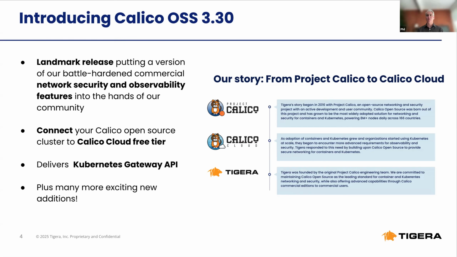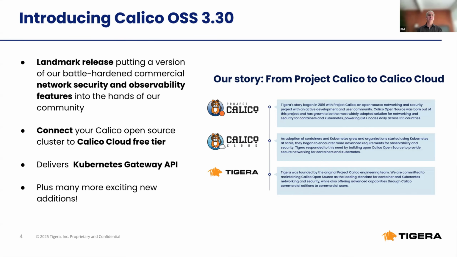It's almost just as important as vulnerability scanning for your container images. That is, I think, something nearly everyone's doing to improve their security posture. I think Calico policy and network security is almost equally as important.